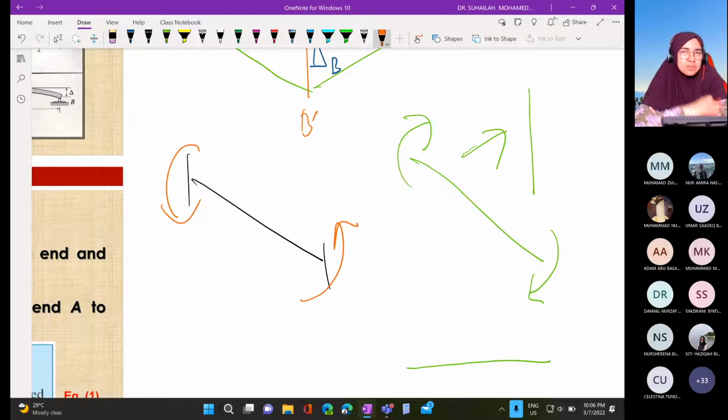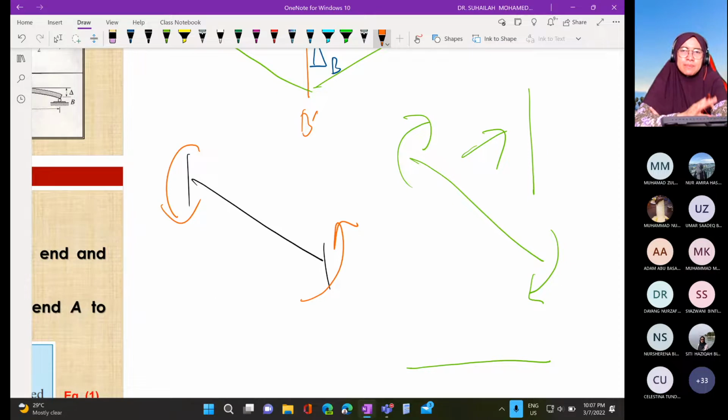Straight means horizontal. The beam's original position is always horizontal. So to move back to its original position, we have to apply moment to counter back. So to make this inclined AB move back to its original position, we have to apply negative FEM.